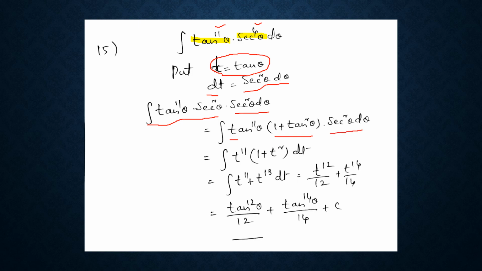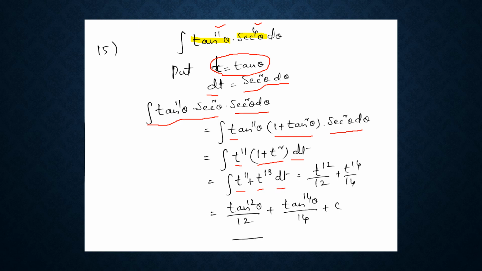So by substituting tan theta is equal to t, integral t to the power of 11 into 1 plus tan square theta is equal to t square, secant square theta d theta is dt. So by multiplying with t to the power of 11, that becomes t to the power of 11 plus t to the power of 13 dt.